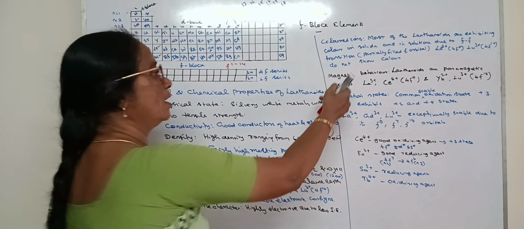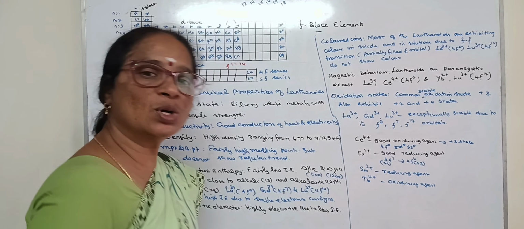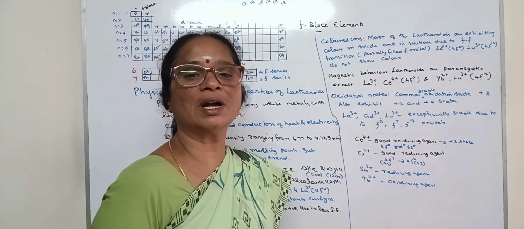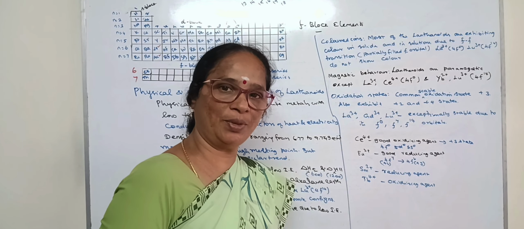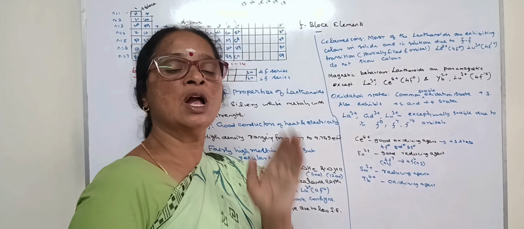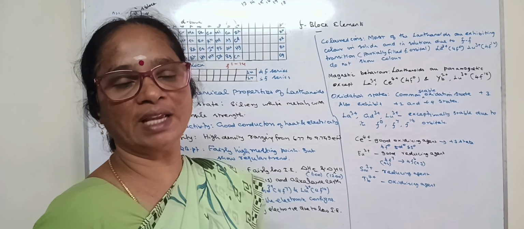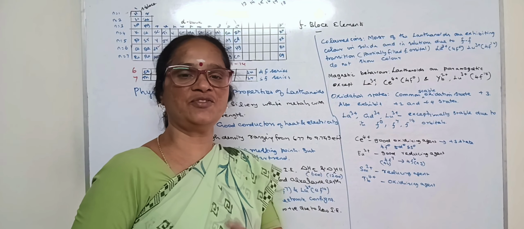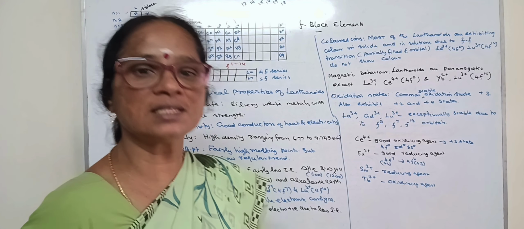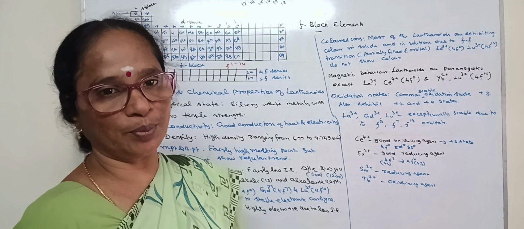The next one, magnetic behavior. Most of the lanthanides are paramagnetic in nature. This is because the 4f orbital is progressively filled from 1 to 14. So most of the elements have partially filled orbitals and hence they exhibit paramagnetic behavior.